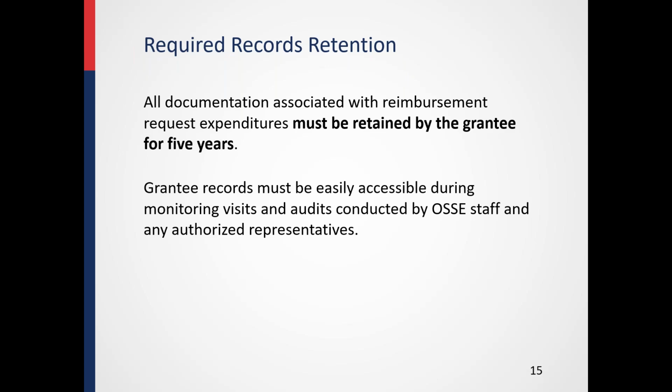And that's not just what you upload to EGMS, but every proof of payment and invoice related to all of the line item expenditures, or in the case of salaries and benefits, the payroll records that match what was reimbursed in each reimbursement request. These records should be easily accessible during monitoring visits and for any audit conducted by OSSI staff or other authorized representatives.